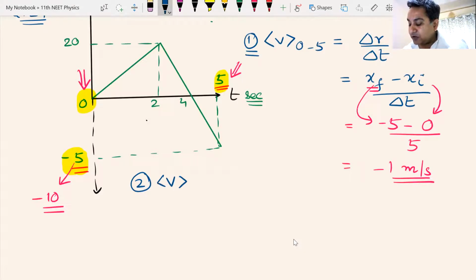What is the average velocity from 0 to 2 seconds? Look at the initial position, look at the final position, and give me the average velocity from 0 to 2.